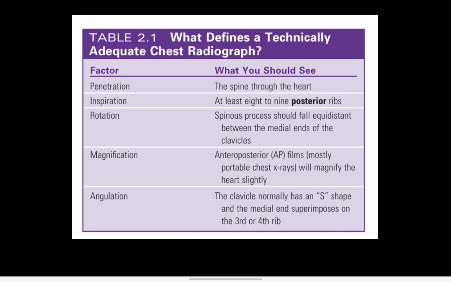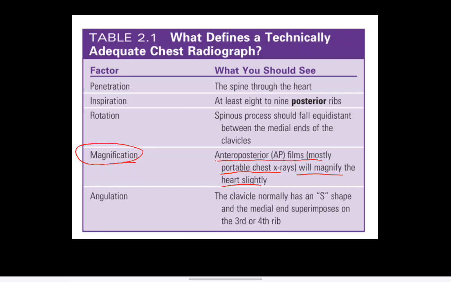While we speak about spinous processes, we mean the spinous process of the thoracic vertebra because it is a central structure in between. Then we move to the other factor which has been discussed before, the magnification. In anterior-posterior films, mostly portable chest radiographs, the heart will be magnified slightly.